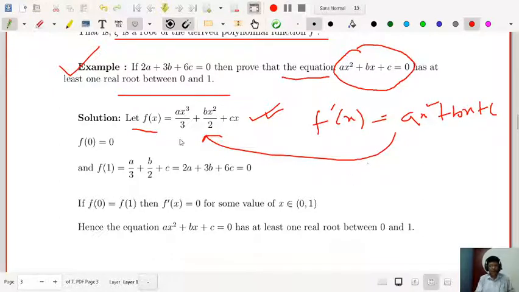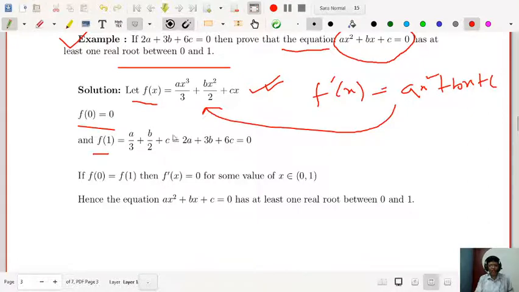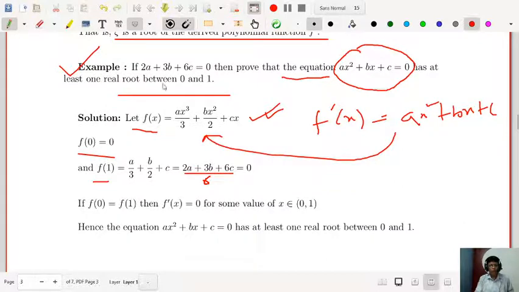Clear? Now you see f(0) equals 0; if you substitute 0, it will be 0. And f(1) equals a by 3 plus b by 2 plus c, and if you take the LCM 6, that will be equal to 0, because 2a plus 3b plus 6c equals 0, as given in the problem.